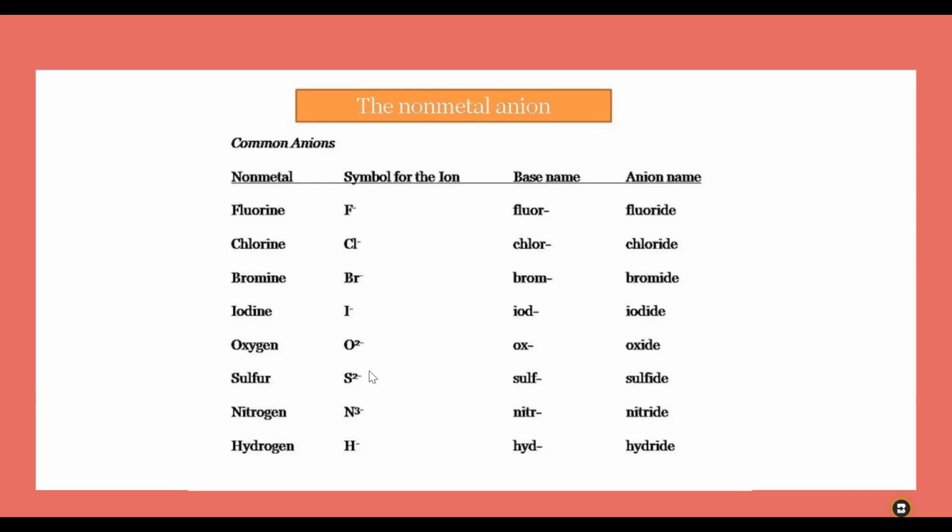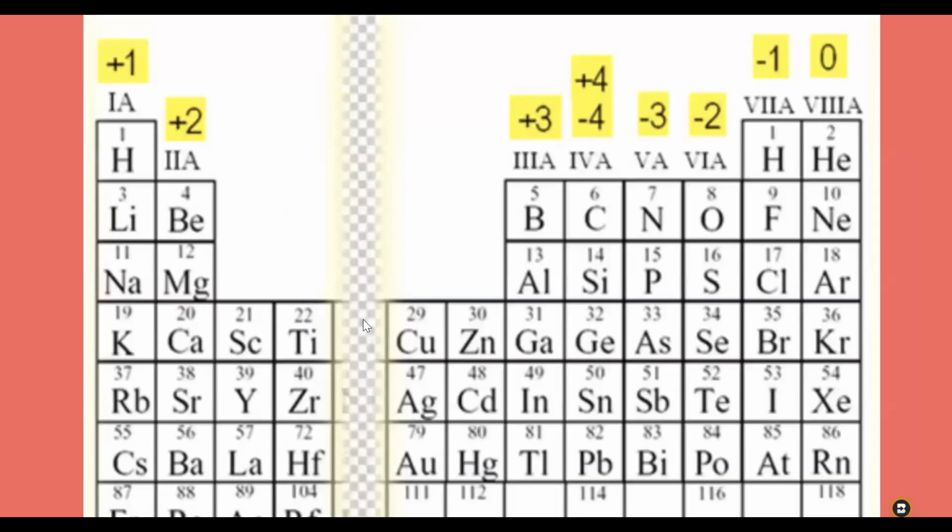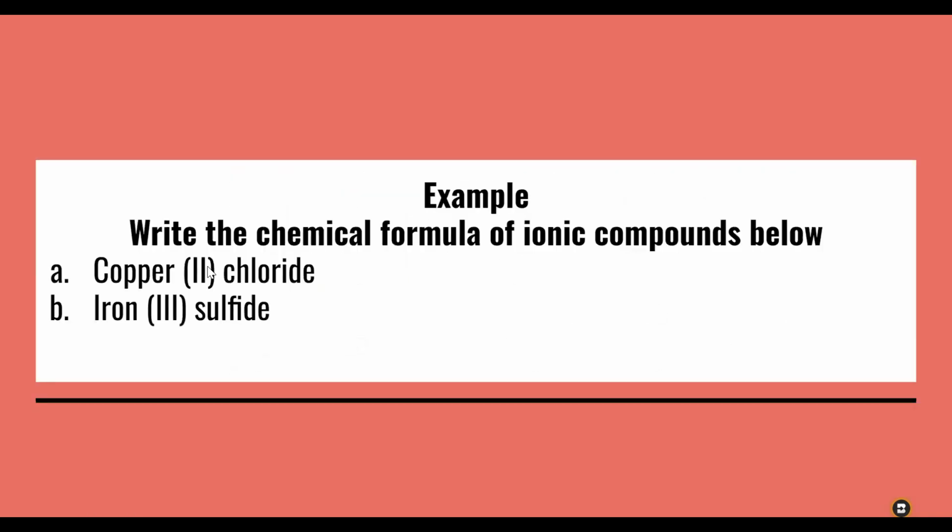So you can come here to look up the anion. The cation is exactly the way it is in the periodic table. And remember, because this is a transition metal, we are not getting the charges from here. The charge is given to you in parentheses here. So let me do these examples.